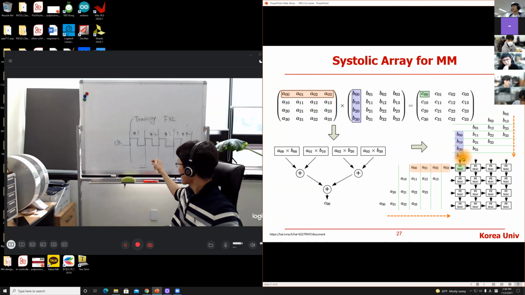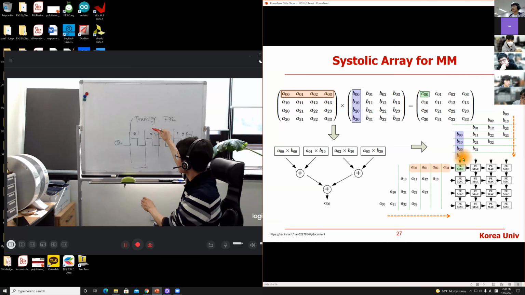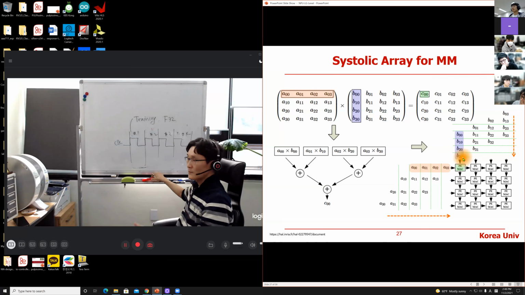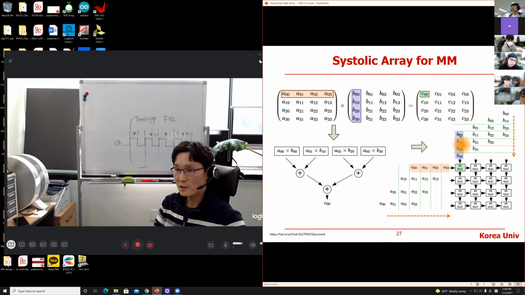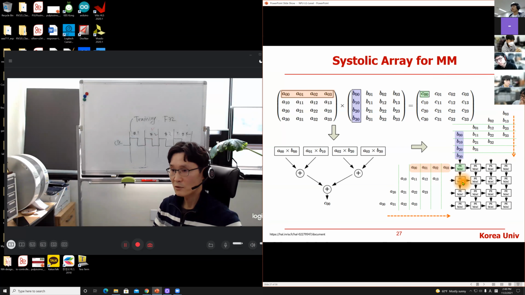In the same clock cycle number 2, think about this column. B30 was here, and it is moving down to this second MAC. At the same time, B20 is coming in.